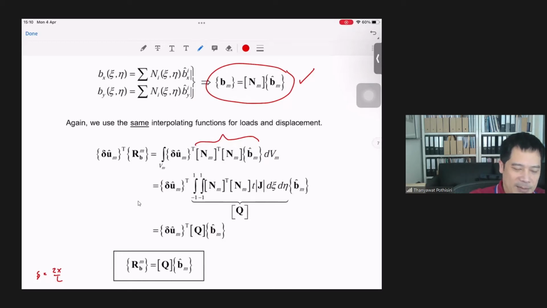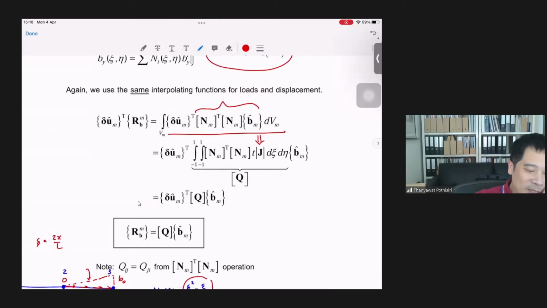But now, because you need to compute this in parametric coordinates, you have to convert it to an integral in parametric coordinates. So instead of doing your integral in Cartesian coordinates, you prefer doing it in parametric coordinates because it's a lot easier. Okay.